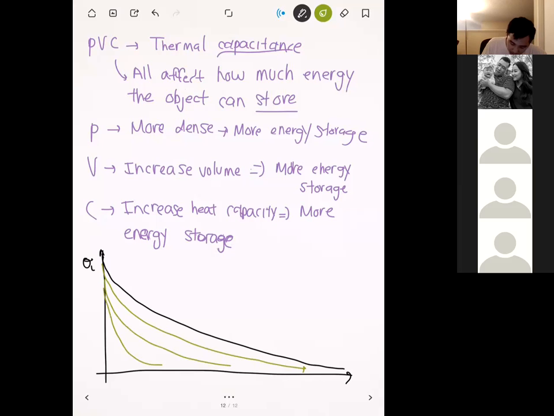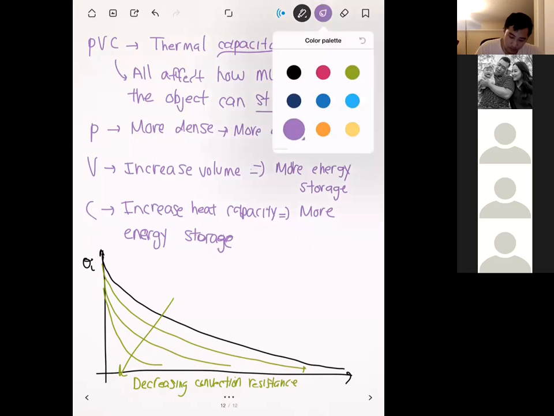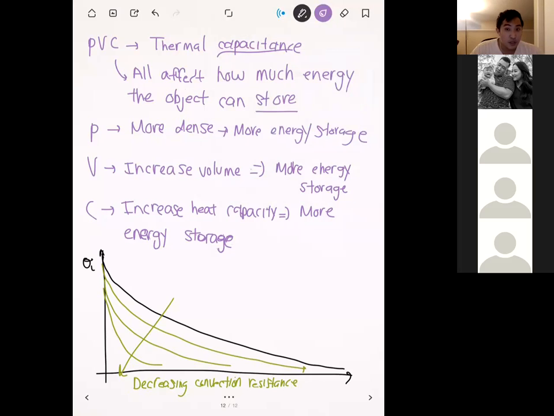So you have a bigger drop off. But then the opposite is true for the thermal capacitance.